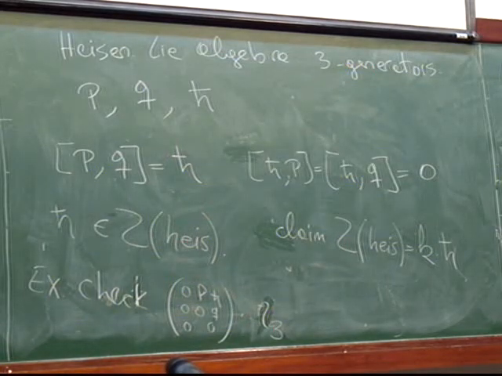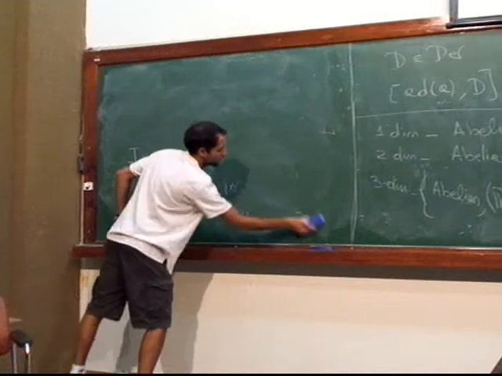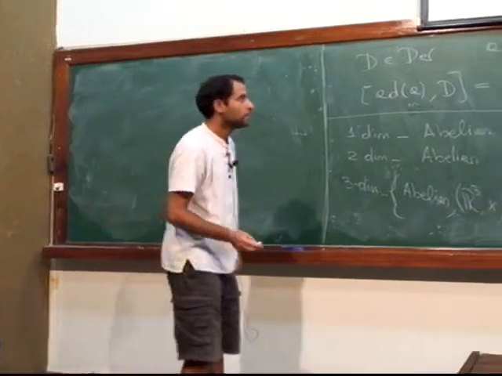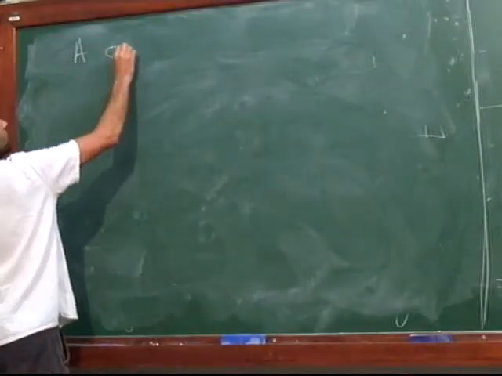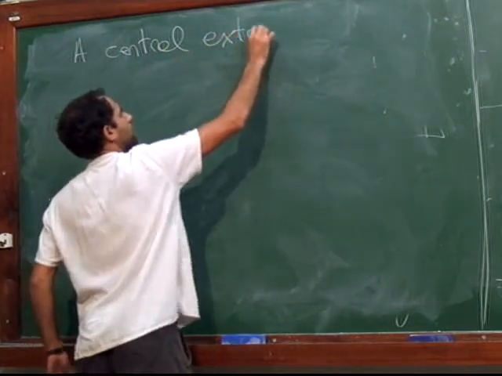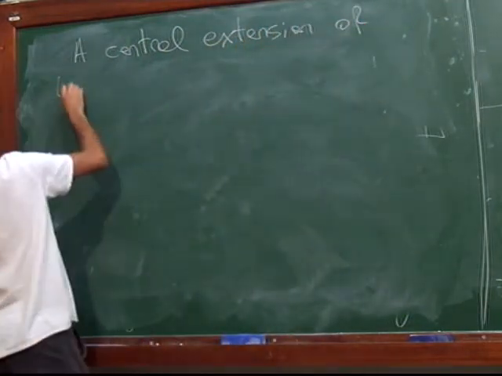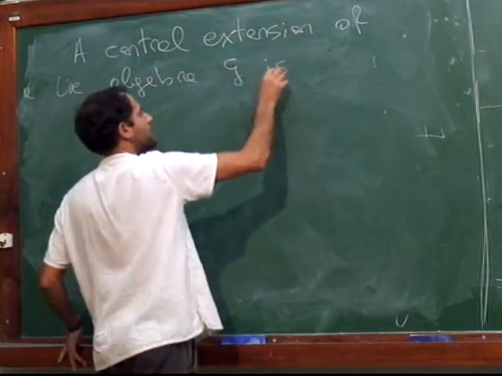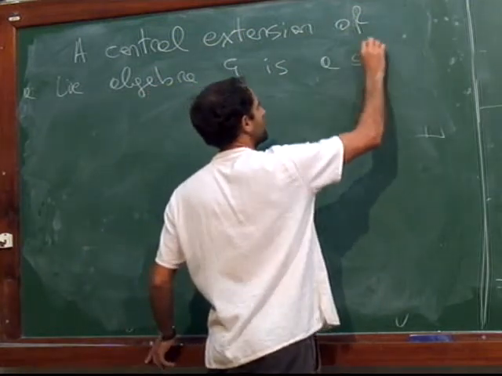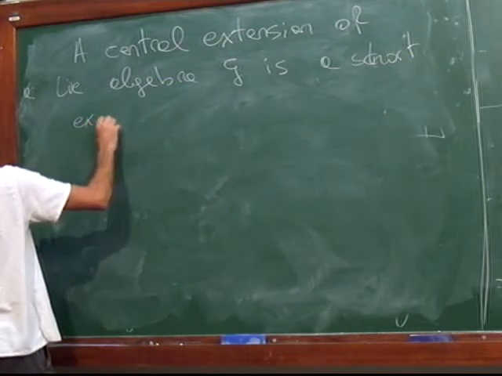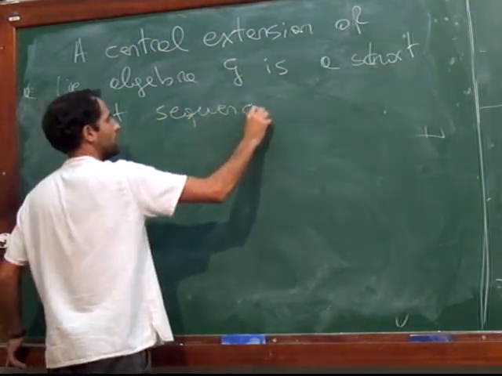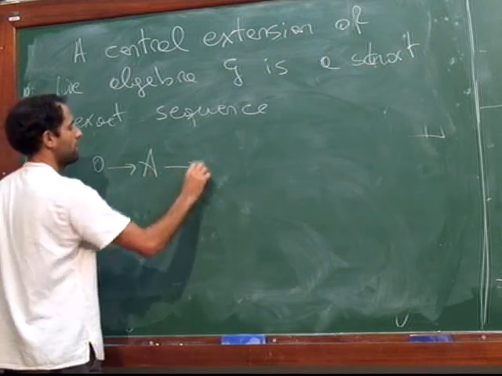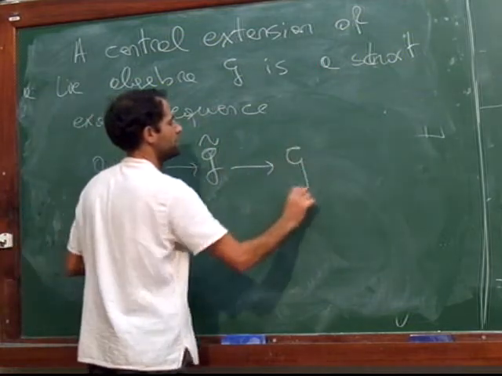And let me finish with the following statement. We'll come back to these kind of things all the time, but now that I wrote down the Heisenberg algebra: a central extension of a Lie algebra G is a short exact sequence of Lie algebras where you have 0, say A, let's call it G tilde, into G, 0.